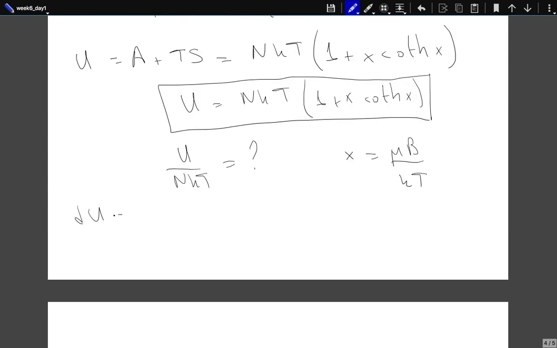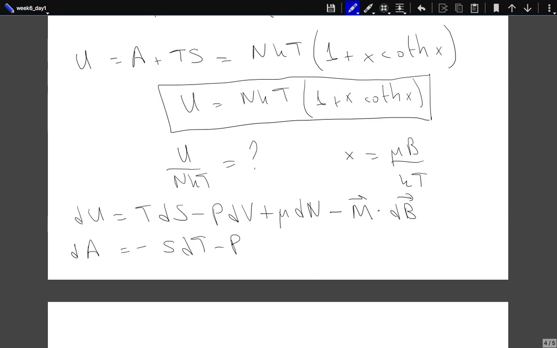on one hand, we know that dU is equal to TdS minus PdV plus mu dN. Now, if you put our system in a magnetic field, it just brings minus m dot dB. So dA will be minus SdT minus PdV plus mu dN, again minus m dot dB.